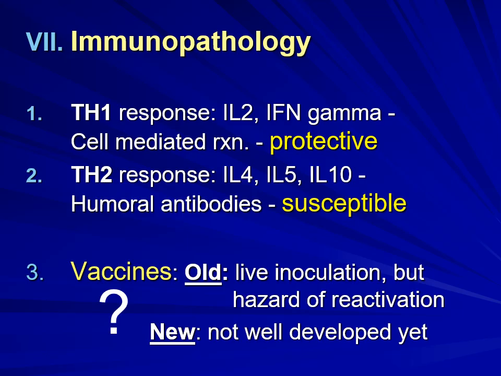In case of Th1 response, usually it is indicated by production of interleukin-2 and interferon gamma, and this reflects the cell-mediated immunity, which is usually protective in Leishmania, whereas the Th2 response, as indicated by interleukin-4, 5, interleukin-10, and others as well, indicates humoral immunity and production of antibodies, and this is for the susceptible host.